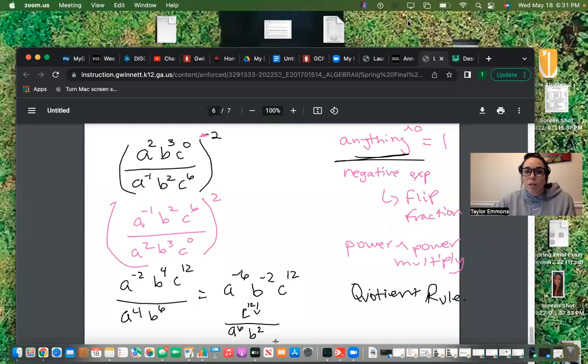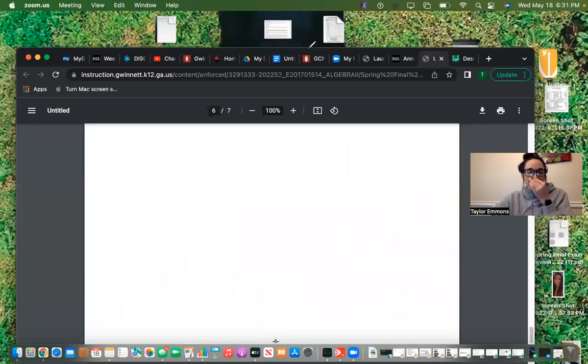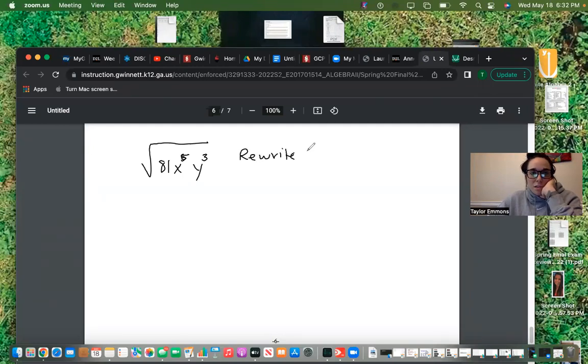Okay. So another example of this, AKS 60, is going to be something like if I had the square root of 81 x raised to the 5th power y to the 3rd power, and they said rewrite in exponent form. This pen really doesn't like me today.